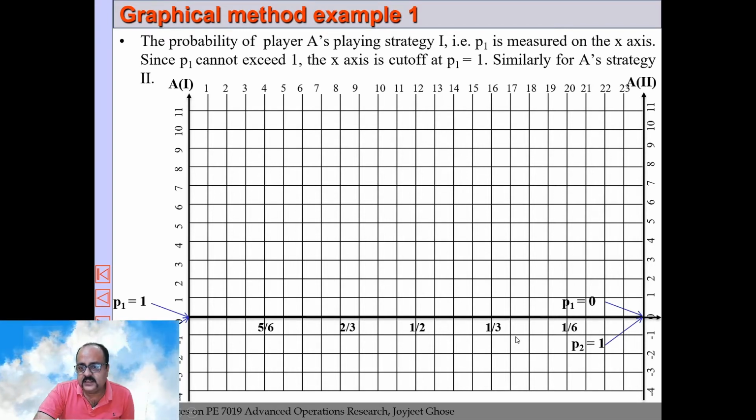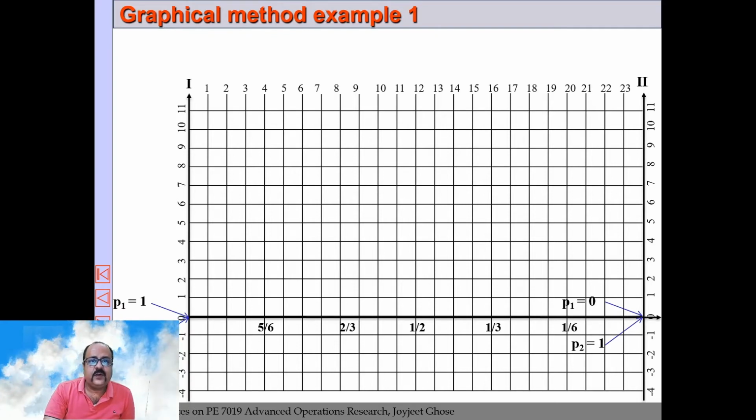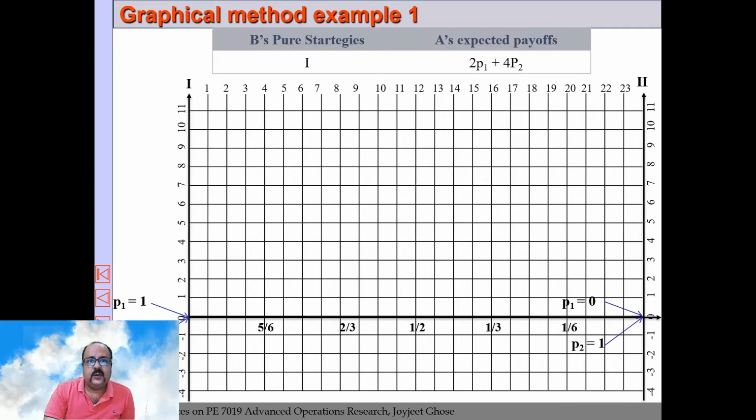P1 is 1 by 6 here, 1 by 3, 1 by 2. P1 is 2 by 3 here. P1 is 5 by 6 here. P1 is 6 by 6, that is 1 here. So these are the values of P1. Similarly, you can write the values of P2. P2 will be here 1 by 6, 1 by 3, half, 2 by 3, 5 by 6, and P2 equal to 1 here.